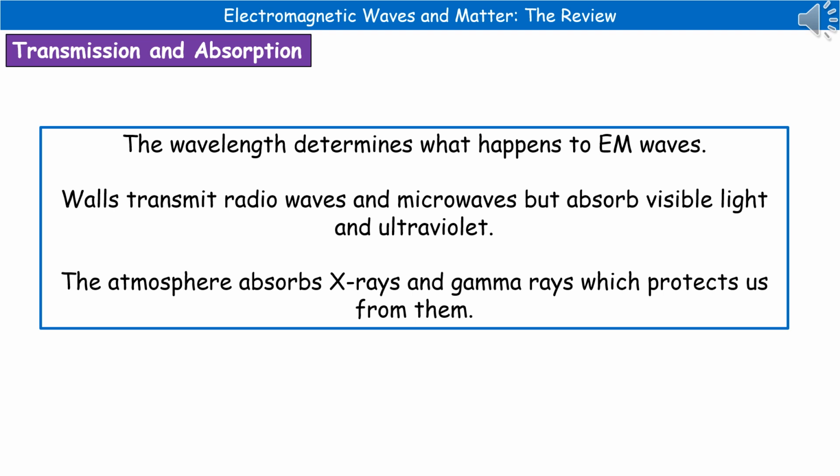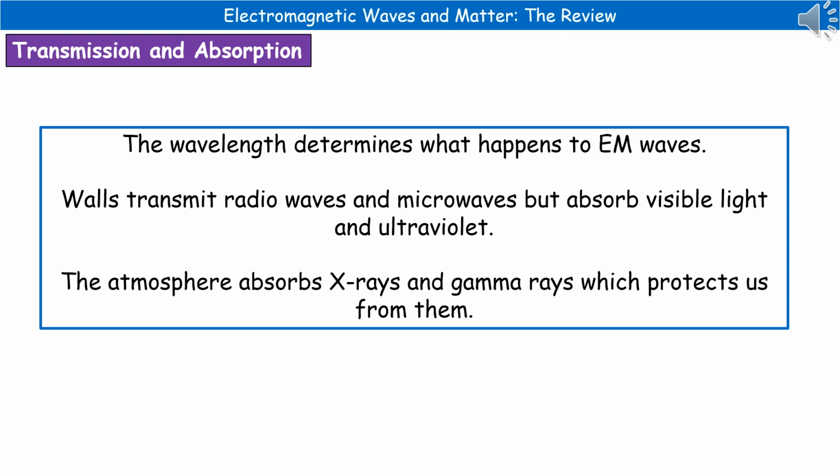However, we can use things like our phones and TVs inside. The reason for that is that the walls are able to transmit radio waves and microwaves, but things like visible light and ultraviolet are absorbed by the walls.